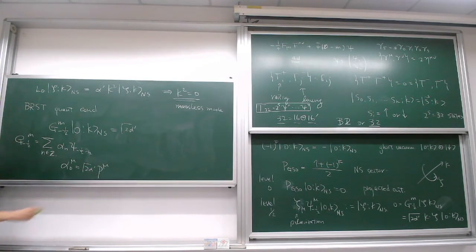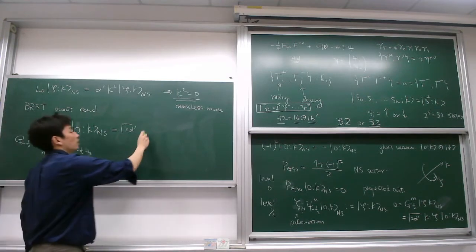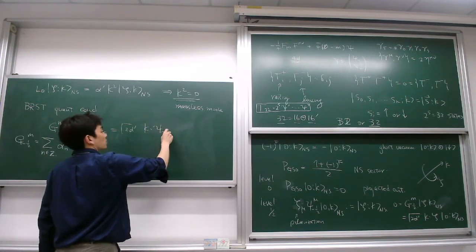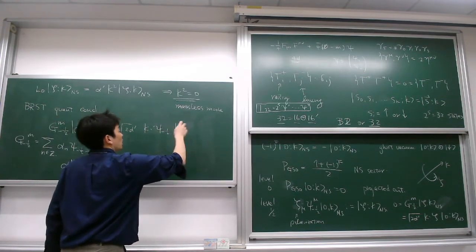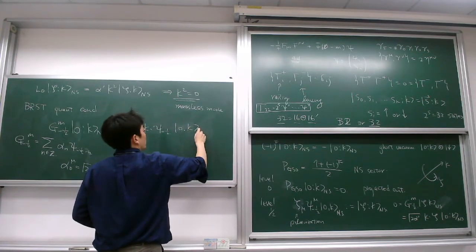That's what we already learned. Do you remember? So if you look at the n equals 0 part, this will give you k dot psi minus 1/2, zeta 0 k.